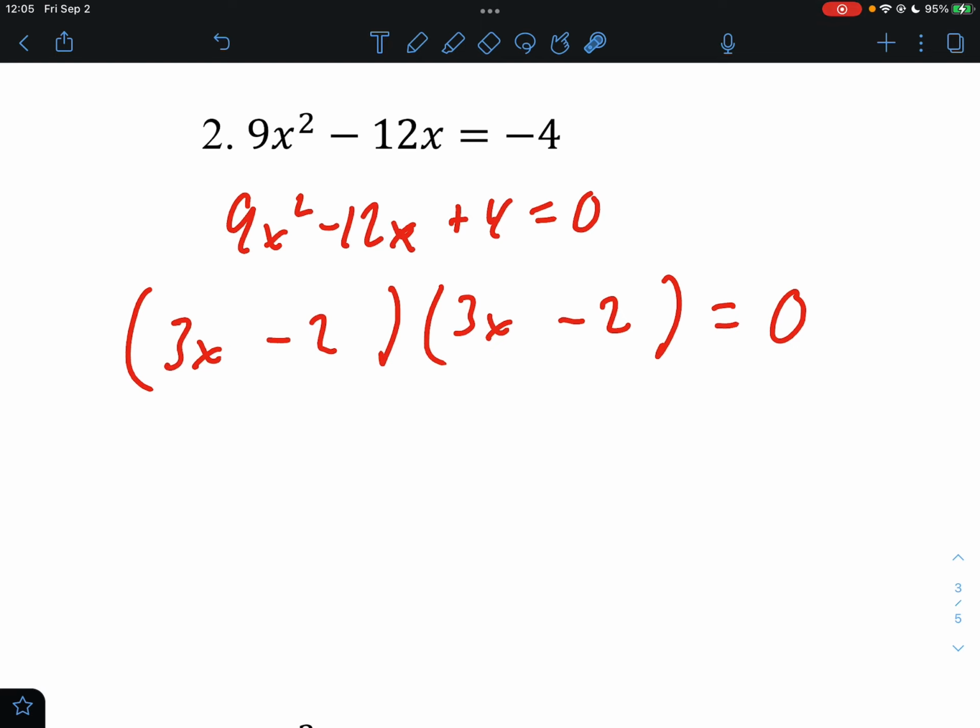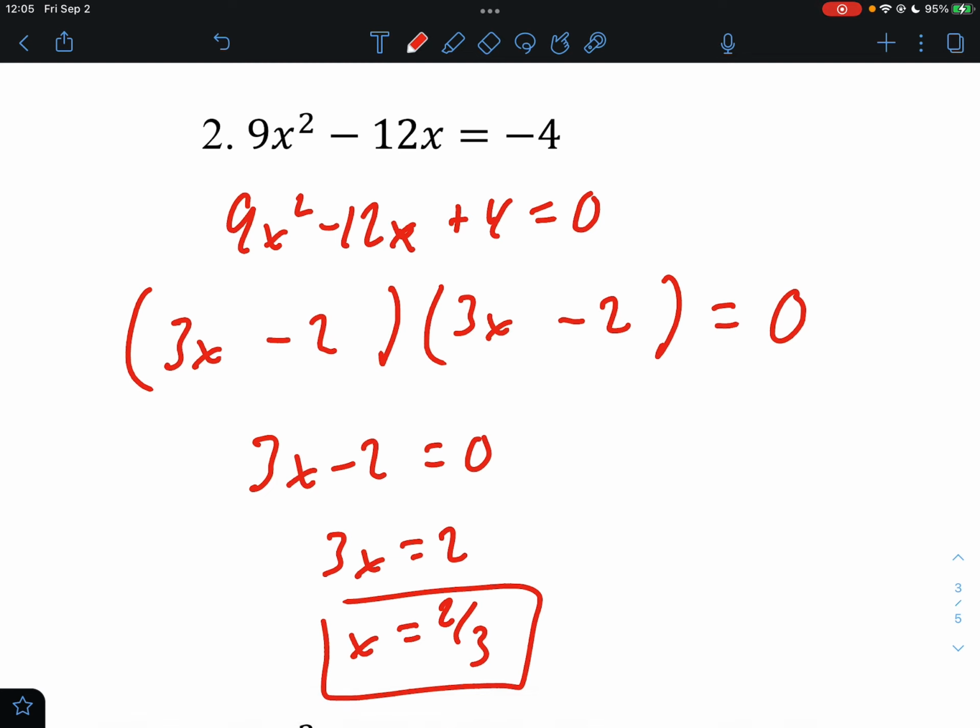And this is going to work out nicely. It's minus 6x, which is minus 12x. So either 3x minus 2 equals 0 or 3x minus 2 equals 0. There's no point in solving it twice. So add 2, divide by 3, and we get 2/3.